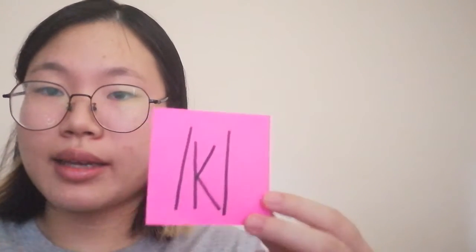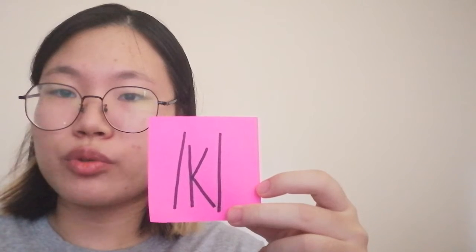Now, for the last set of stop consonants, we have the K and the G. For the K sound, its sound would be K, K. And this one would be a voiceless consonant because when producing the sound, you don't feel vibration here or here.